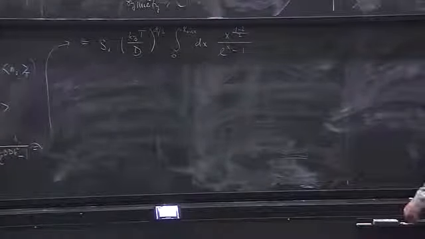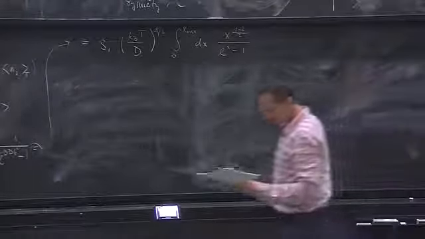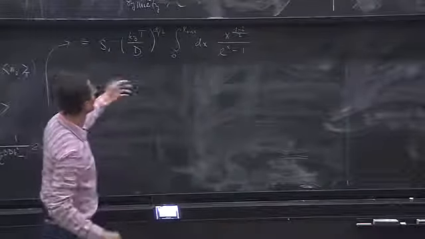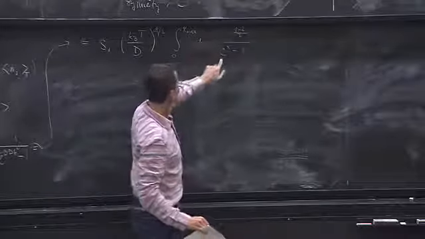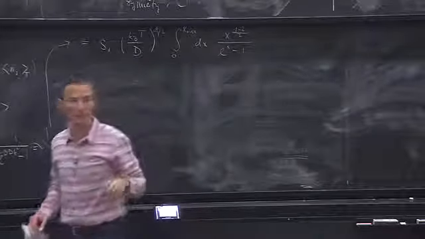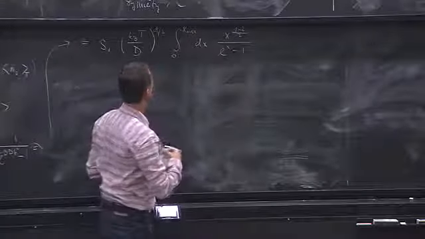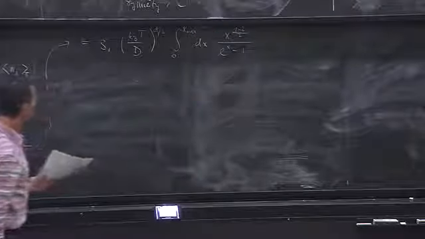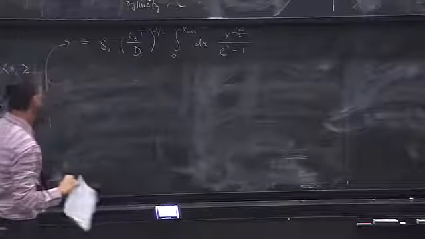So this is the result. And there are a few things to note. First of all, again, in the limit of low temperature, this x max goes to infinity. And this integral, because of the exponential in the denominator, is always well behaved for large x. So I can extend this x max to infinity at low temperatures. And then all the temperature dependence will come from here.